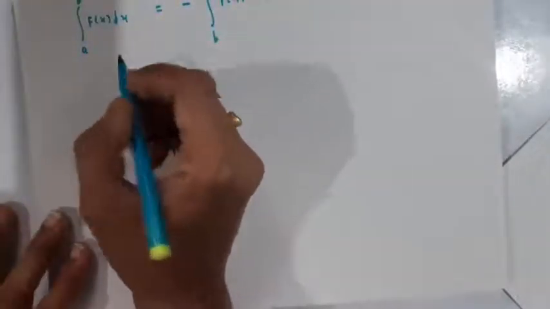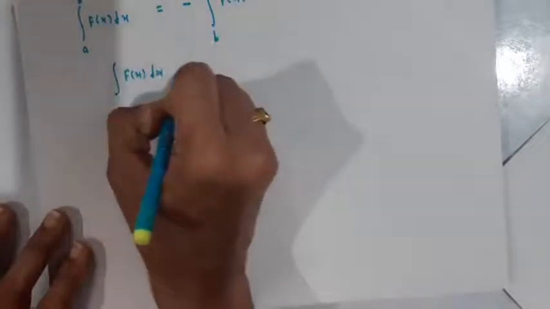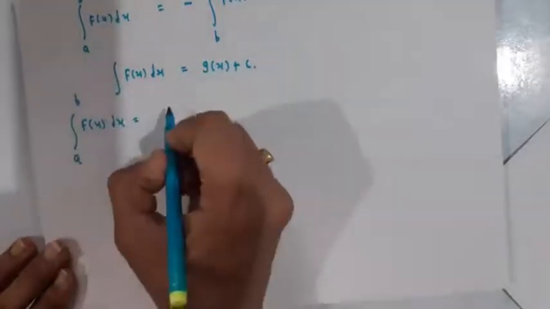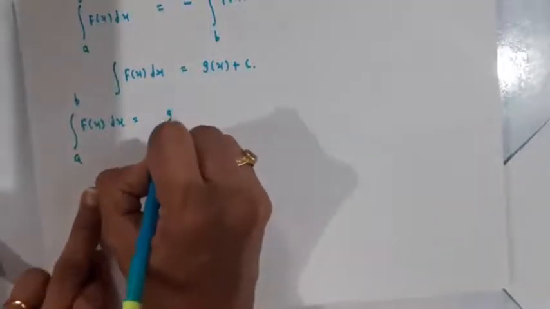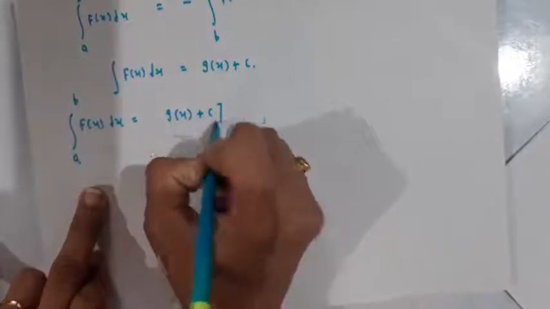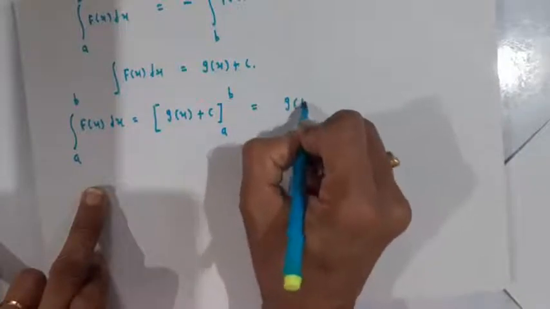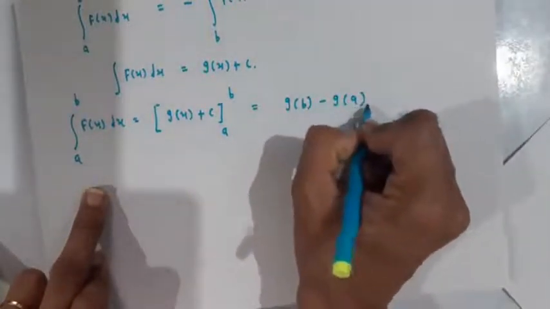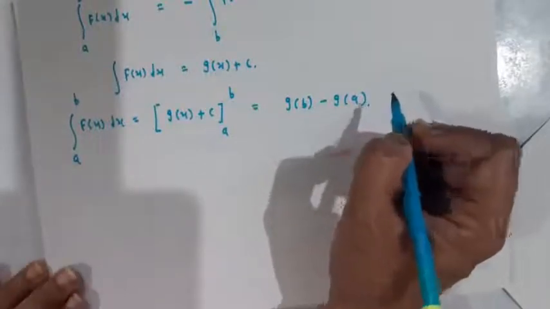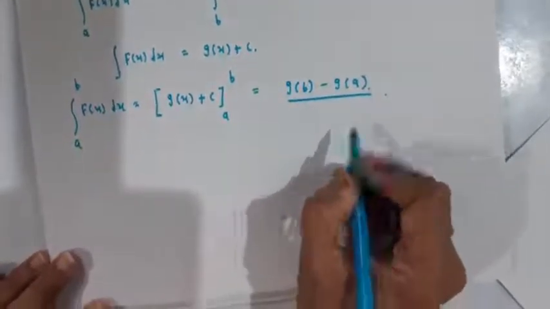Okay, students. So let us take the proof of this property. Suppose the integration of f of x dx is equal to g of x plus c. Therefore, now let us consider the integration from a to b of f of x dx, and this is equal to g of x plus c, with limits of integration from a to b, and that is equal to g of b minus g of a.